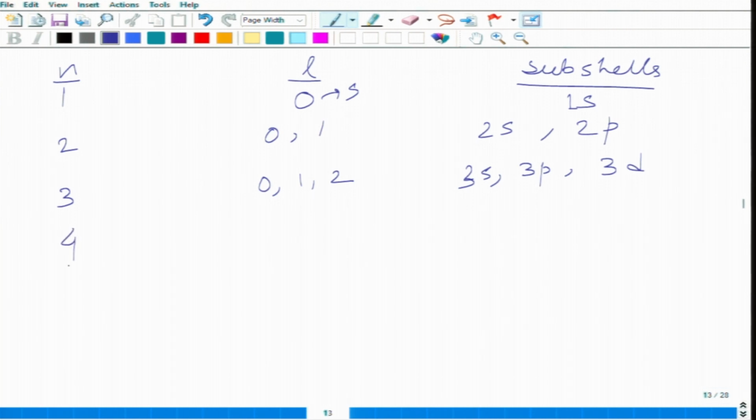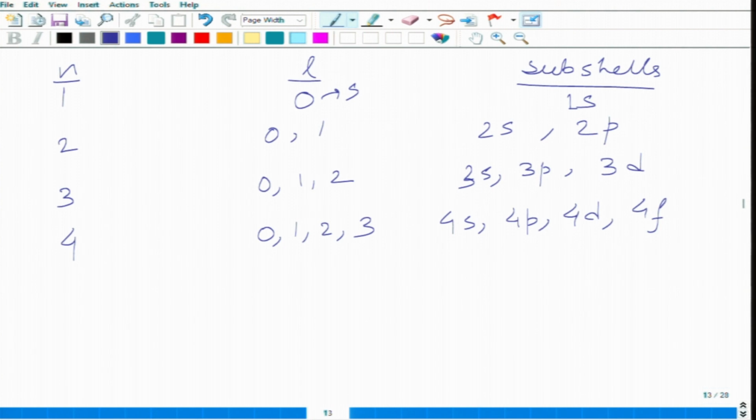For 4 we will have 0, 1, 2, 3. Now we have 4s, 4p, 4d and 4f. So these are the principal quantum numbers, azimuthal quantum numbers and the name of the subshells.